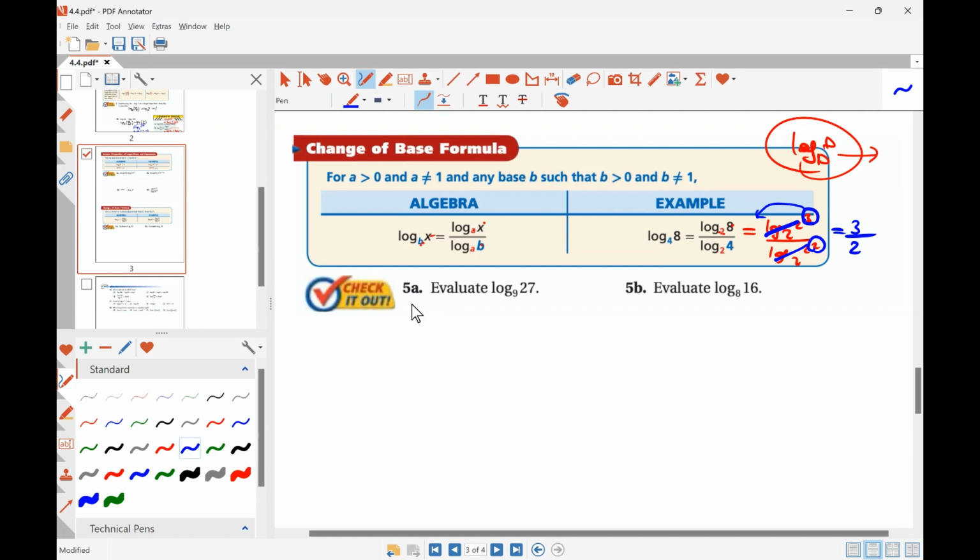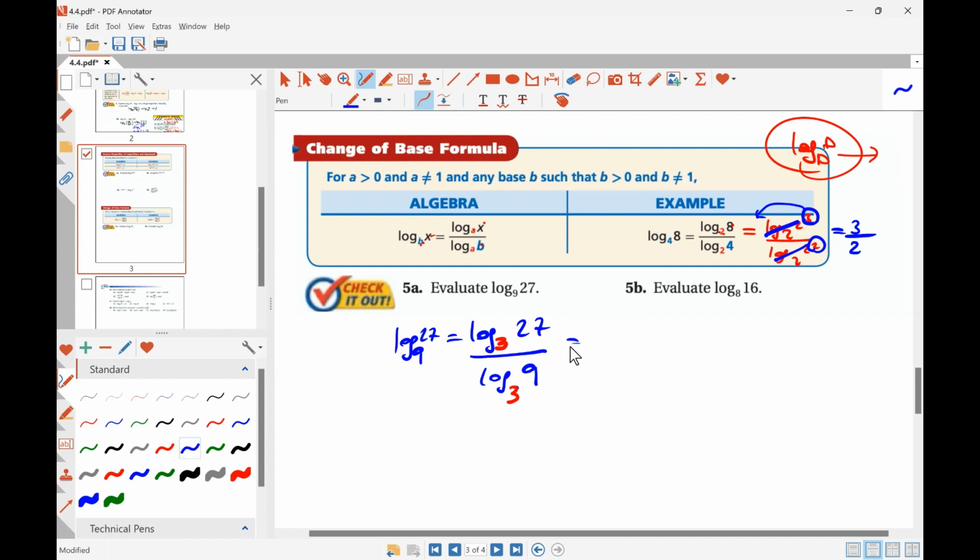For example, the first one, evaluate log base 9 of 27. I can't evaluate this by the calculator, but I can write log base 9 of 27 as log 27 over log 9, and I can use a base that I can evaluate by hand, like 3. 27 is a multiple of 3, 9 is a multiple of 3, so I can use 3 as a base.